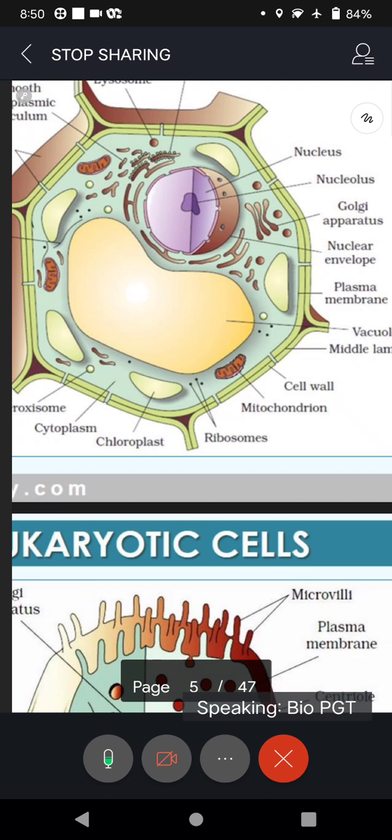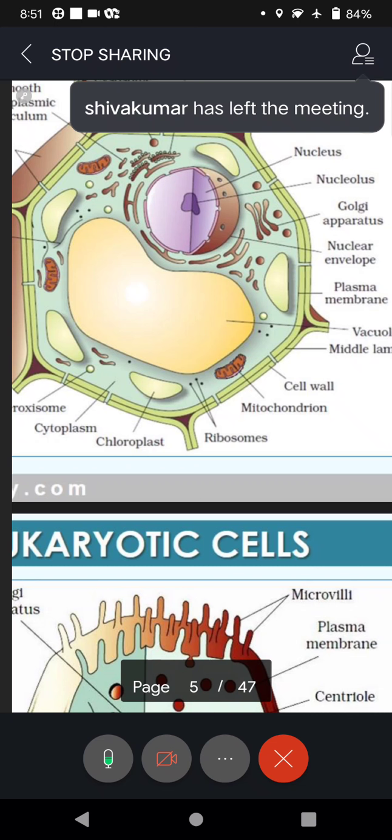So vacuoles means again excretion. That means Golgi apparatus is responsible for excretion of the waste materials from the cell. Plus it produces many enzymes. You know, enzymes are responsible for our various activities like respiration, digestion, like that.